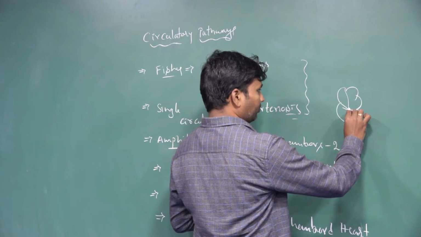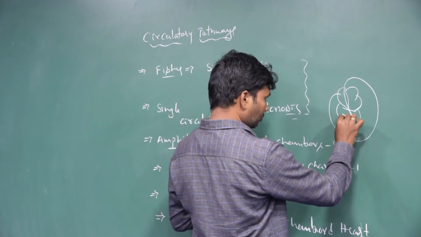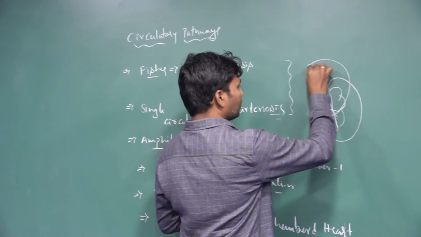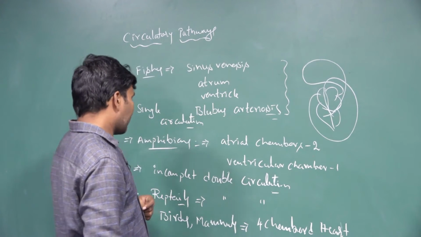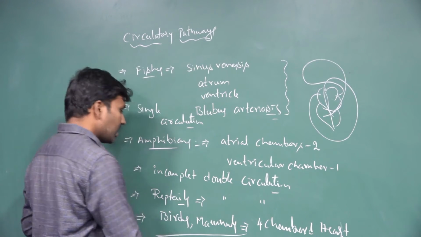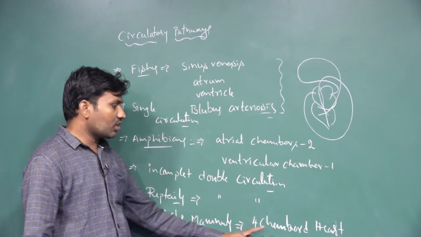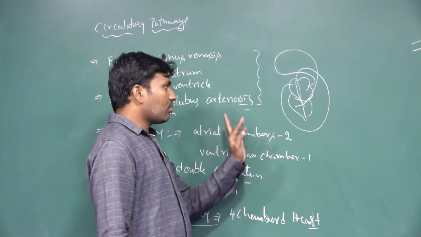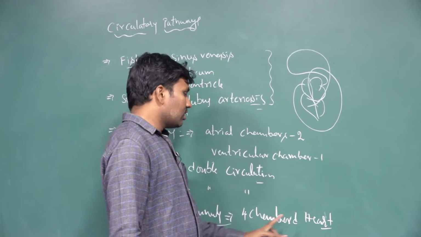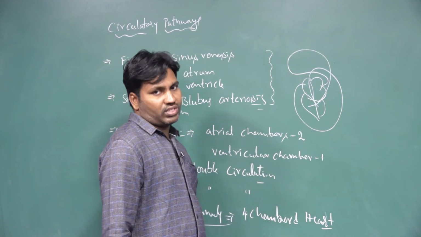From here one circulation goes, and from here one circulation comes. So two circulations occur. It is called double circulation. Birds and mammals have four complete chambers separating the oxygenated and the deoxygenated blood. So the blood enters the heart two times.